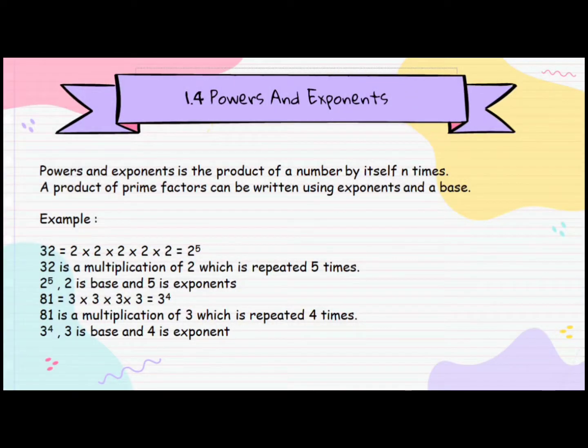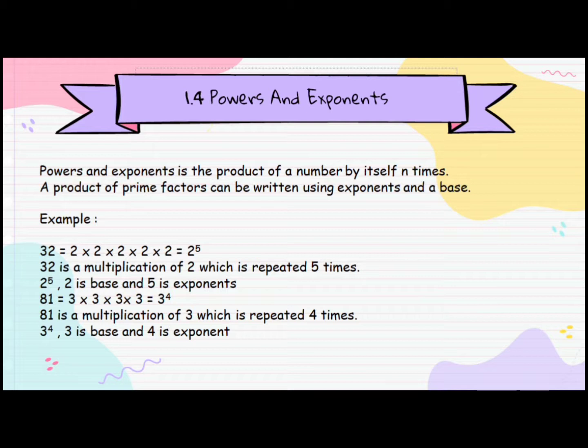The next material, powers and exponents. Powers and exponents is the product of a number by itself some number of times. A product of prime factors can be written using exponents and a base.